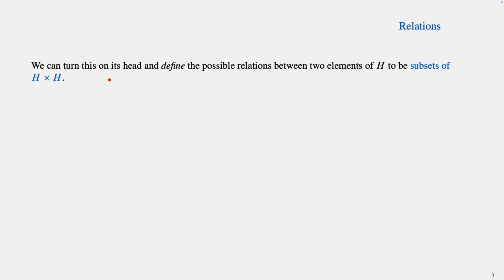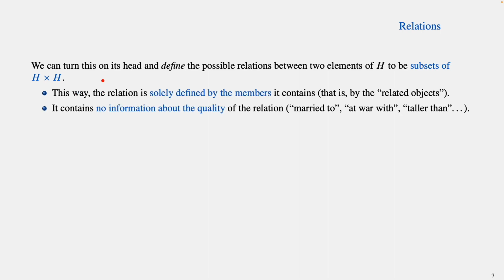And this idea can be turned on its head and used to define the possible relations between two elements of H. Namely, we define them to be subsets of the Cartesian product H by H. So in this way, any relation is solely defined by the members it contains.